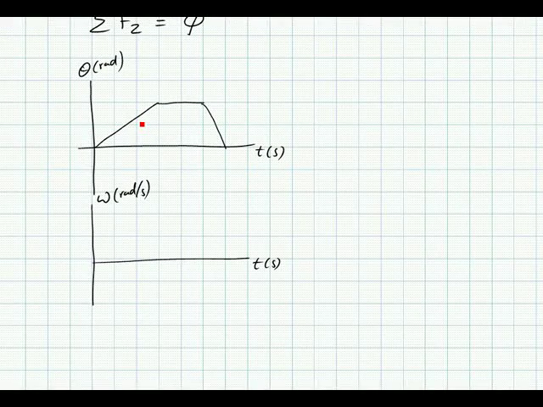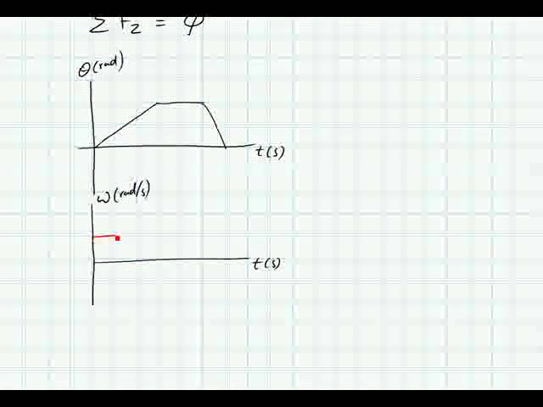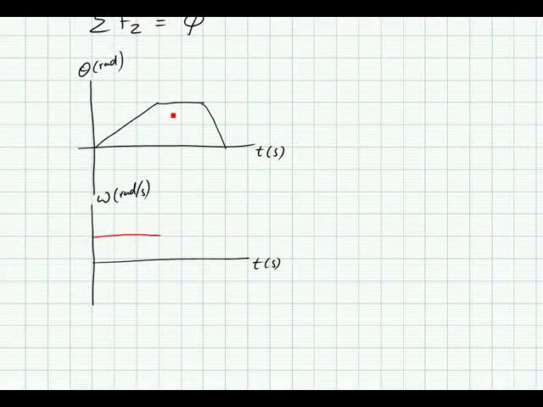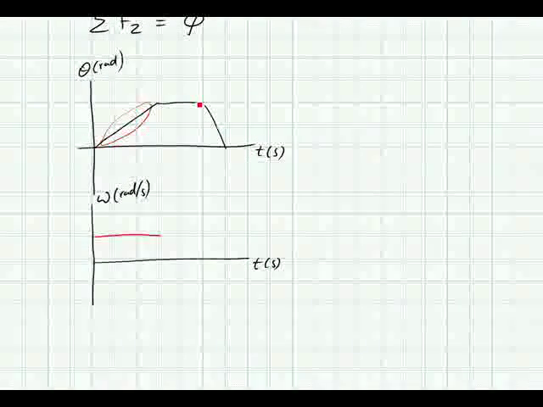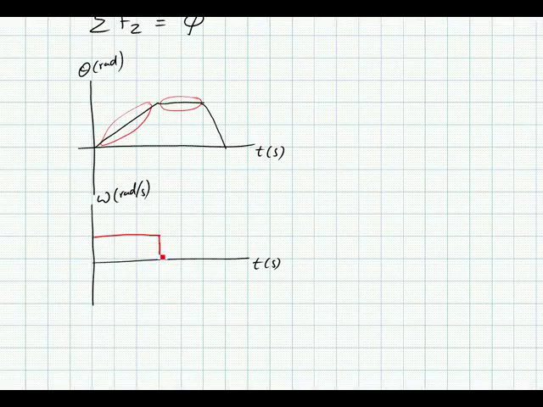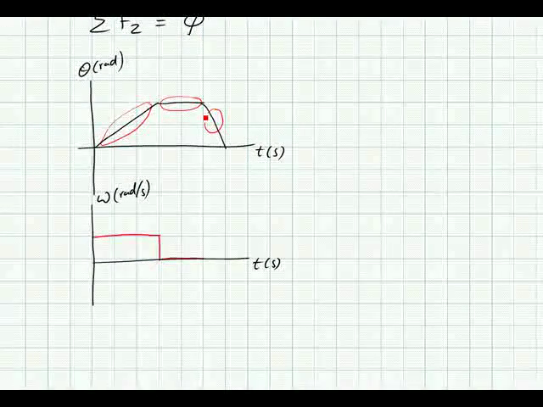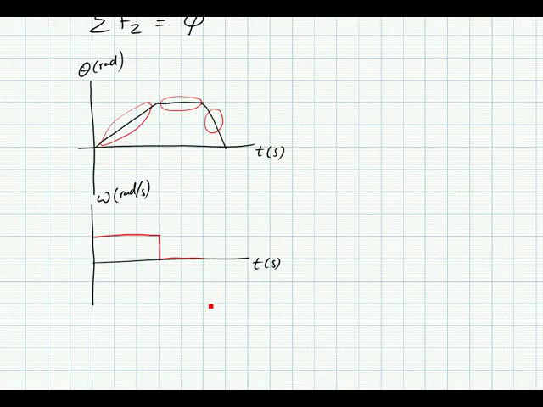In this section we have a positive slope, a straight line, so a constant positive value. For the second section, it's a 0 slope, so angular velocity is 0. And here it's a negative slope, with a steeper slope, so it's something like this.